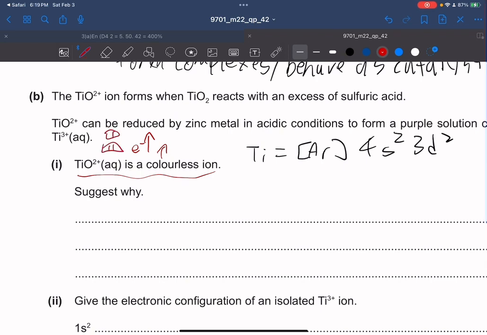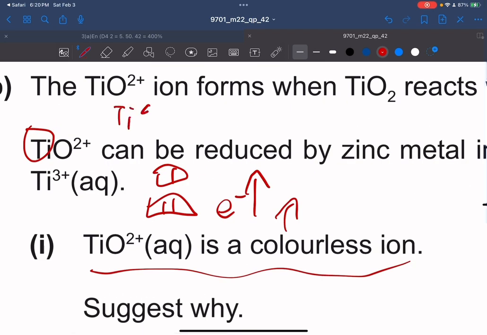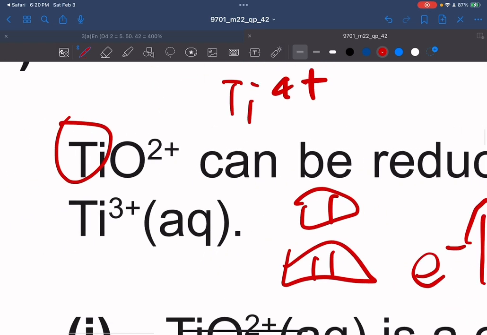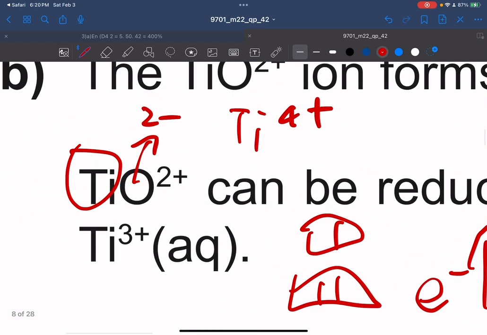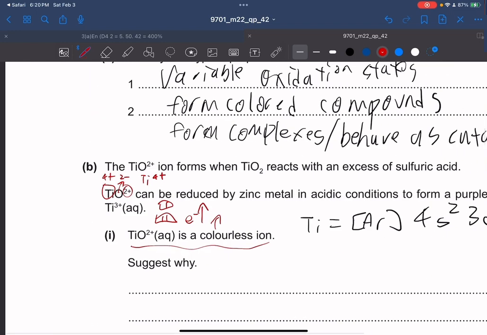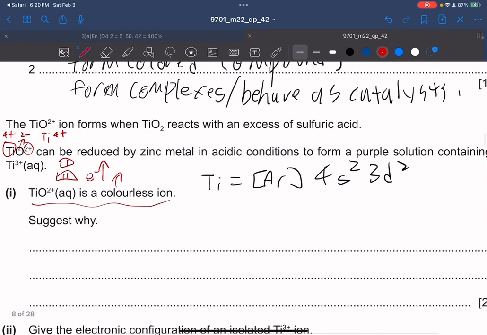And Ti in this state is actually Ti4 plus. How do I know that? We can figure out the oxidation number. O is 2 minus, the charge is 2 plus, it means Ti is 4 plus. So it means it already lost all of its d electrons. So essentially it's empty. So TiO2 plus has no d electrons.